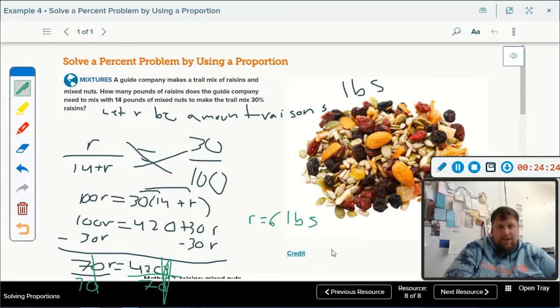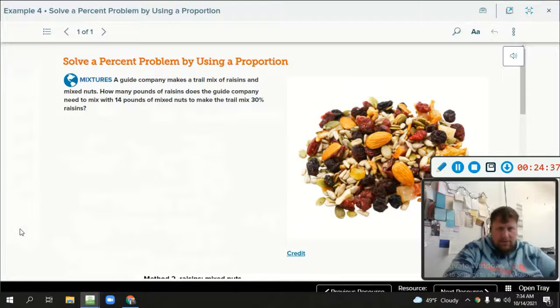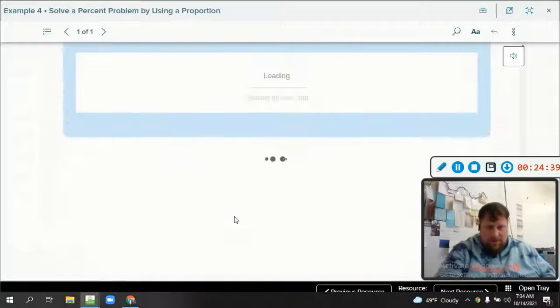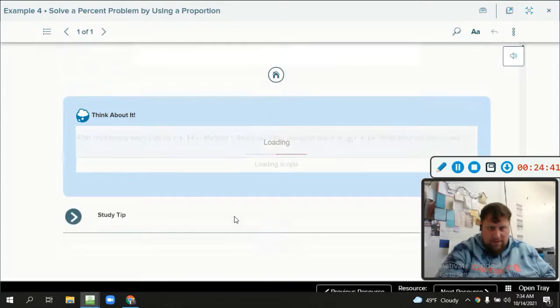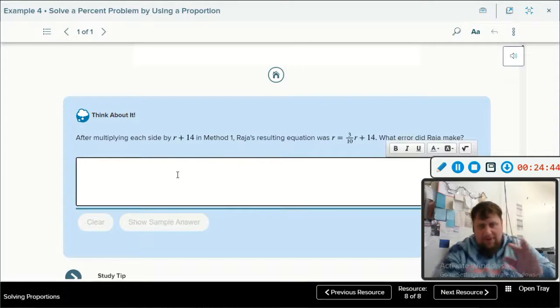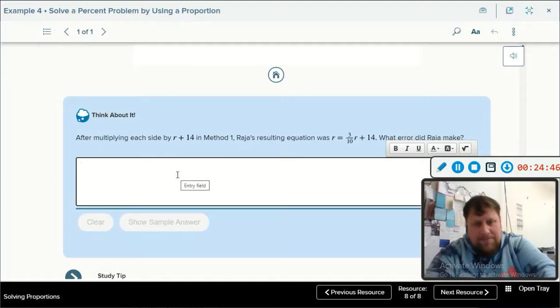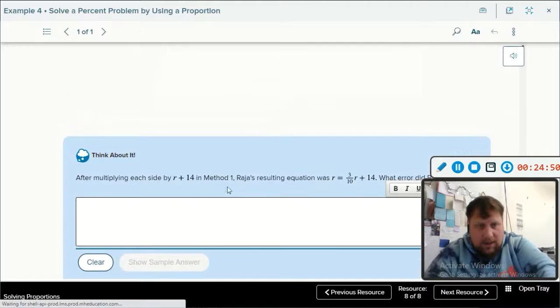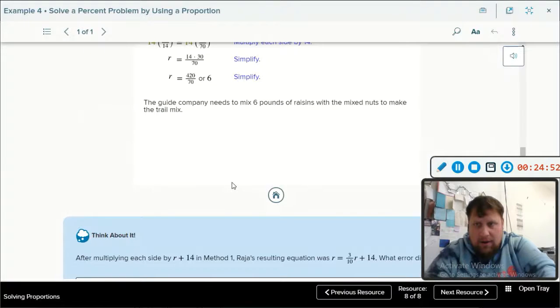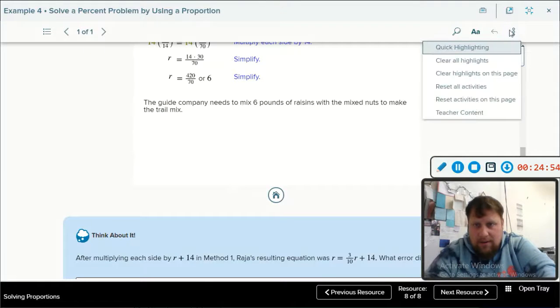Boom. So I know that I need to add 6 pounds to the mixed nuts to make it a 30% mix. Go ahead and write that down. I'm about to take it off the screen in 3, 2, 1. I want to scroll down so I can write. I'm not worried about Raja's error. Is there a note I can add?